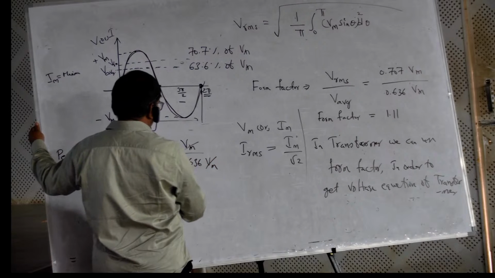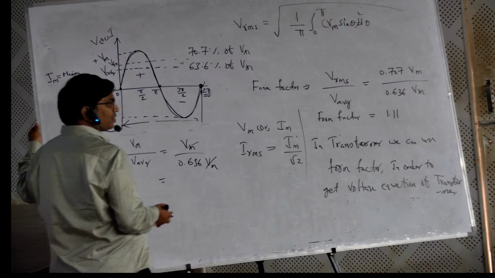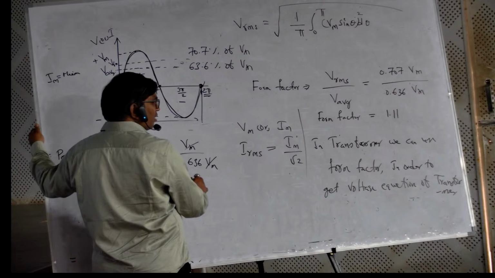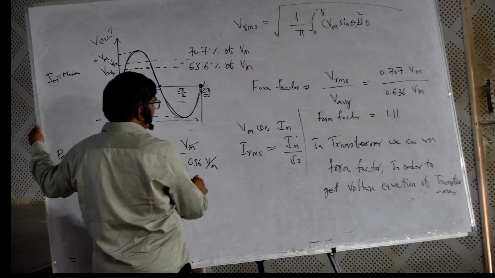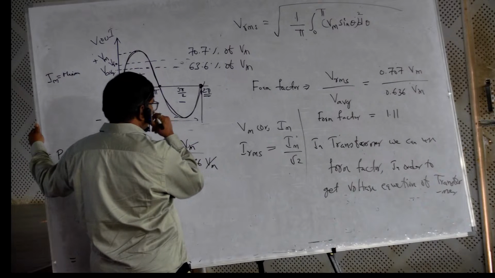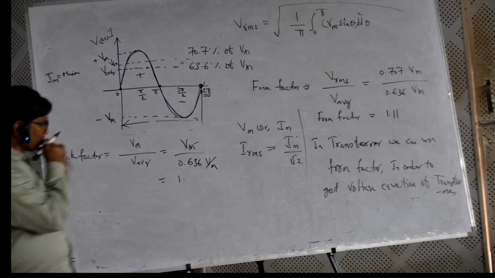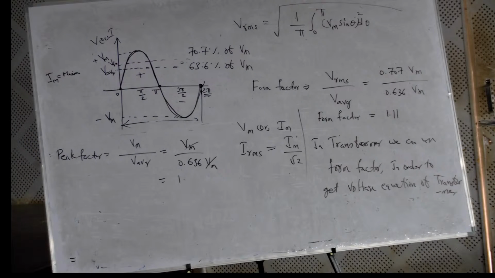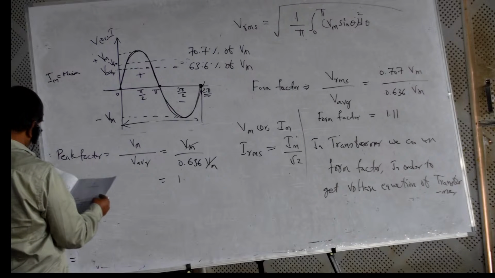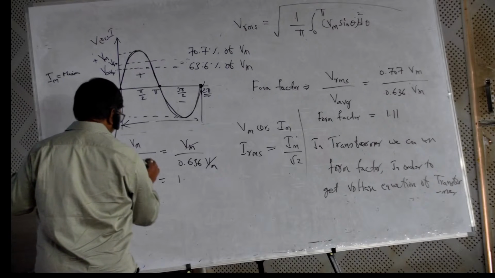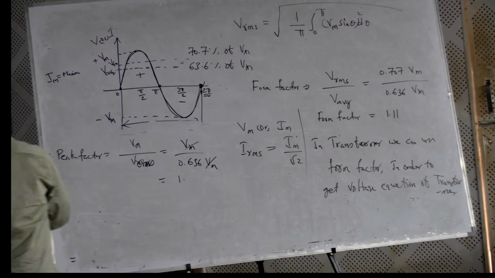So Vm by 0.636 Vm... no, not average value, it is RMS value. Maximum value to RMS value.